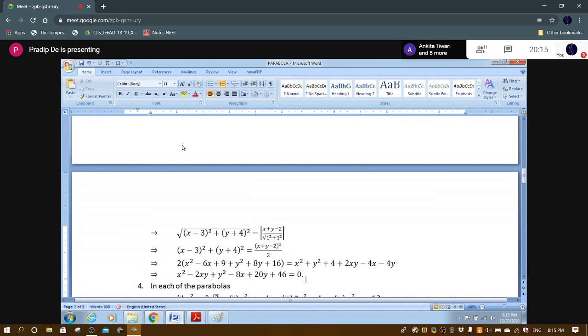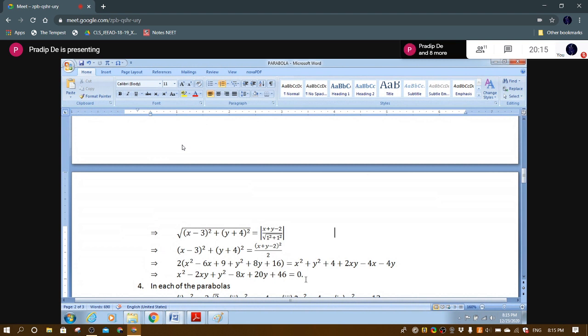The ones we learned just now, they are special cases. In those cases, the axis is along the x-axis or along the y-axis. Vertex is at the origin. So they are special cases. In general, the vertex is not supposed to be at the origin. The directrix or the axis is not supposed to be along the x-axis or along the y-axis.